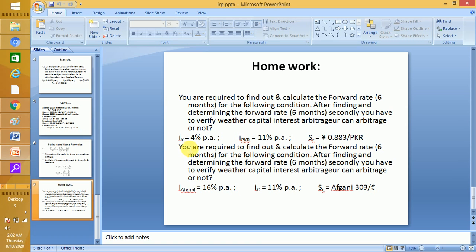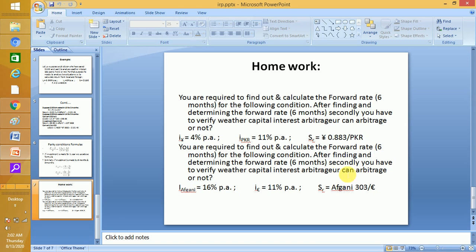So see here in the question, what was he demanding? You are required to calculate the forward rate for 6 months. So we calculated the forward rate, it was 310.1800. And then secondly, you have to verify whether covered interest arbitrage is possible or not. Now what will you do?